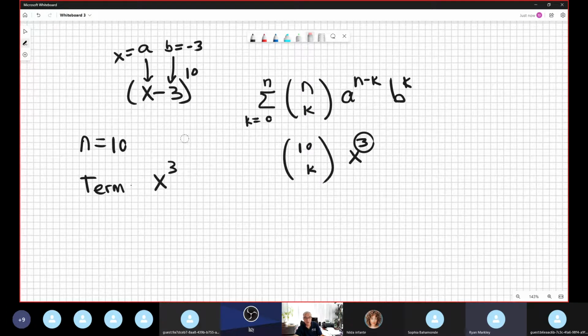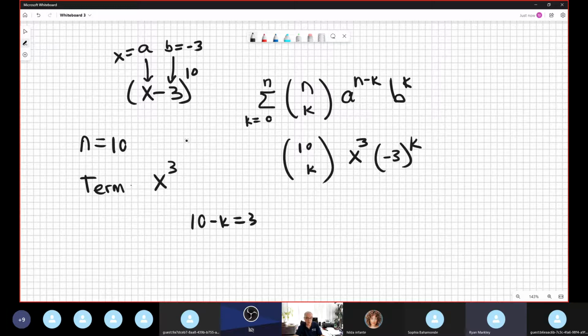So now I take advantage. Okay, I know that n is 10. 10 minus k is equal to 3. I need these answers to only have k: x, which is A, with exponent 3, and B is negative 3 to the k power, but I have no idea who k is.